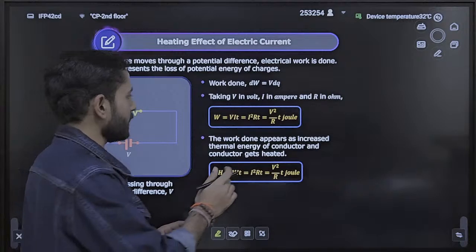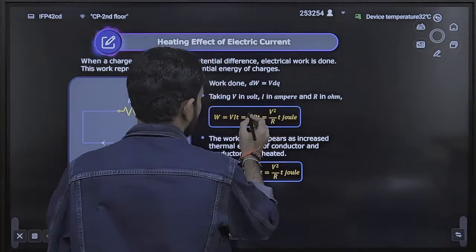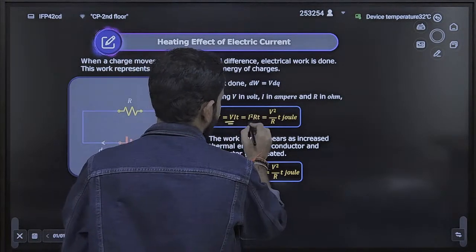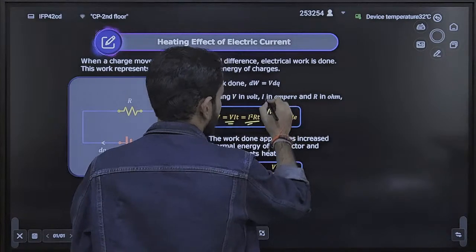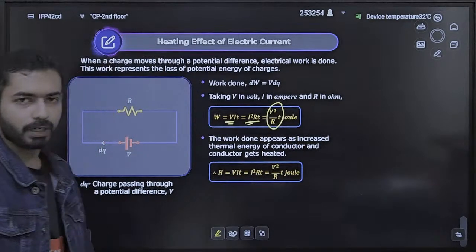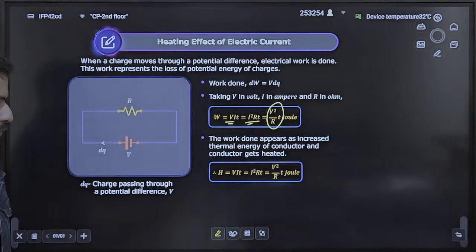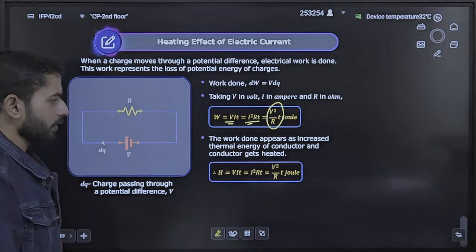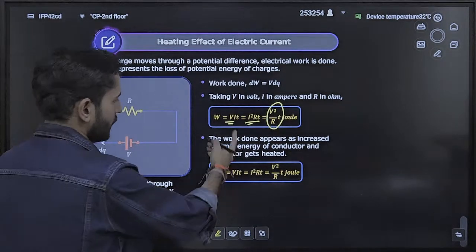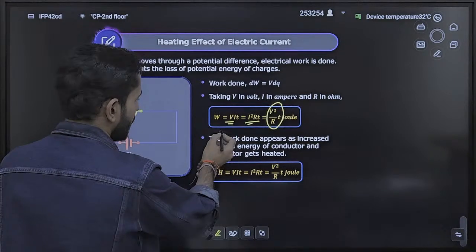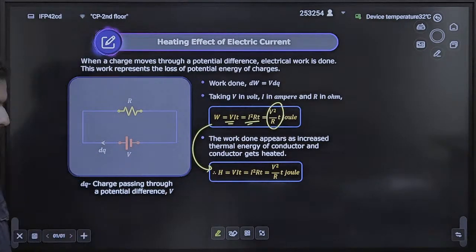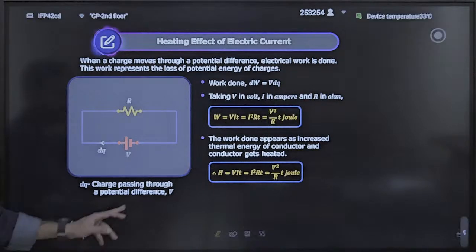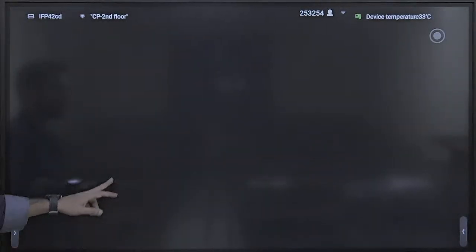That heat is given as work done equal to V into I into T. Also, it can be said as I square RT. Also, it is written as V square by R. Same thing, it is converted to the work done. These formulas are important to remember.